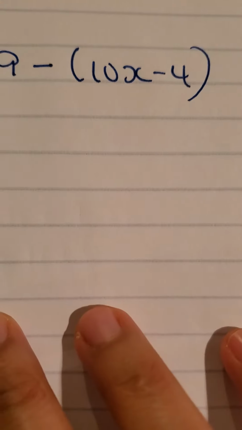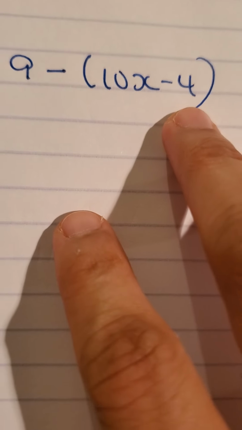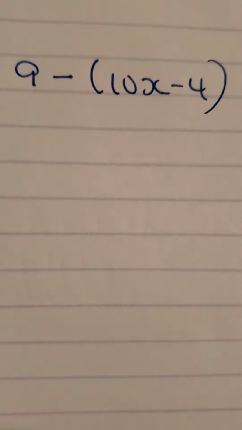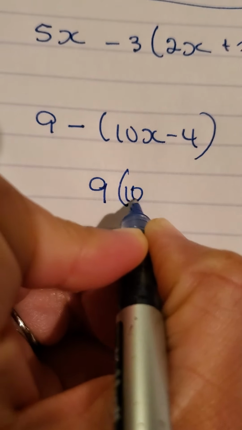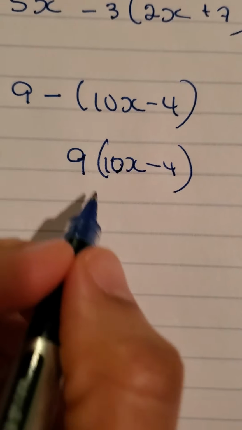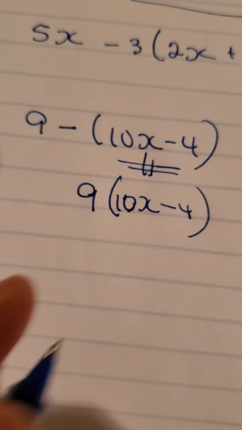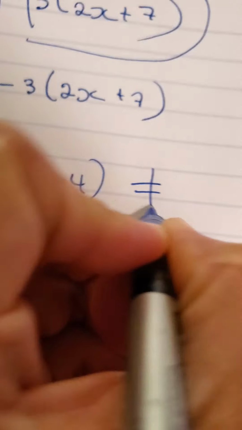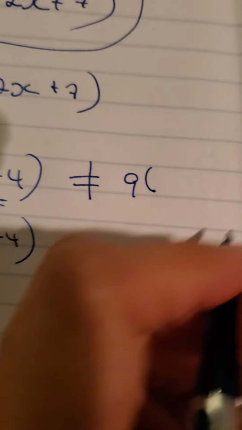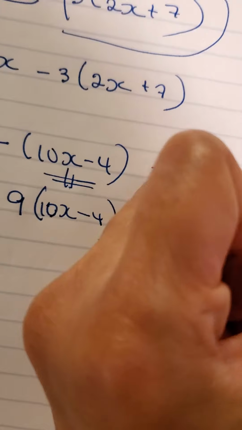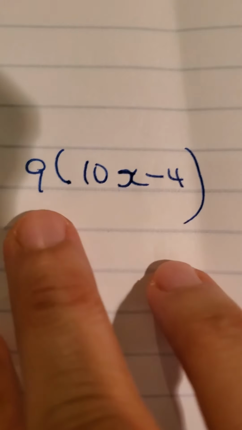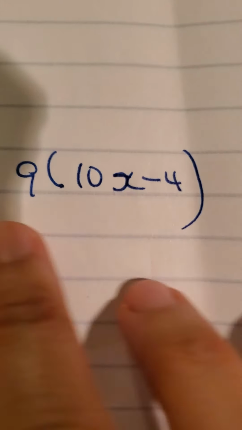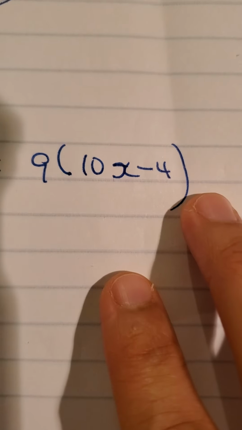What you have to understand first is that these are two terms. You cannot apply the distributive property here, only if you had 9 times 10x minus 4. You guys see the difference? They're not the same. That's supposed to be not equal to, let me write that properly: not equal to 9 times 10x minus 4. They are not the same. This is one term in which there are two factors, a factor of 9 and a factor of 10x minus 4.